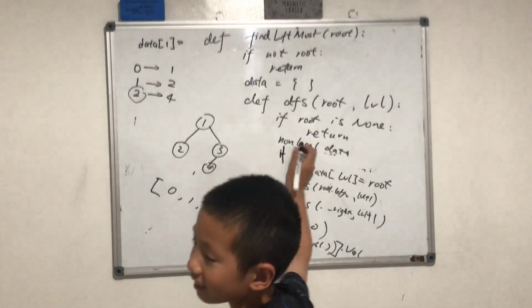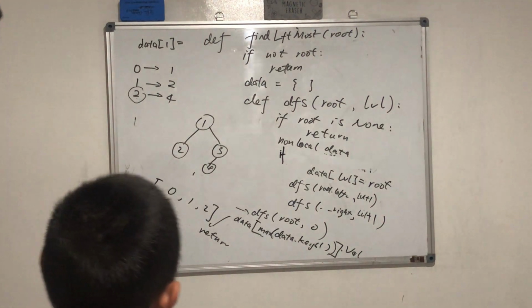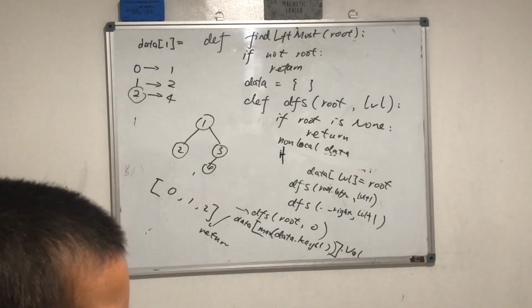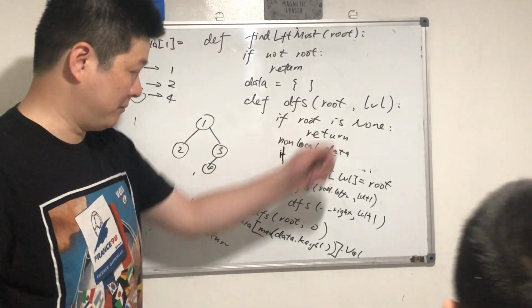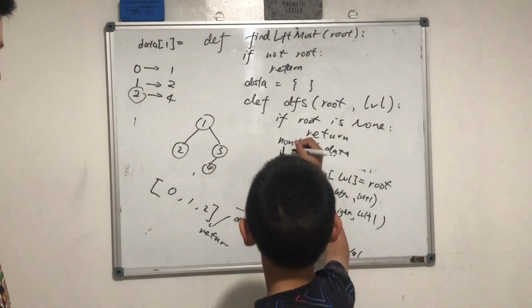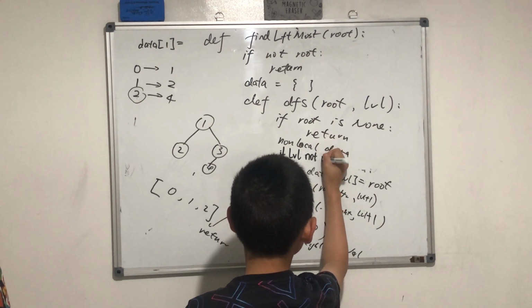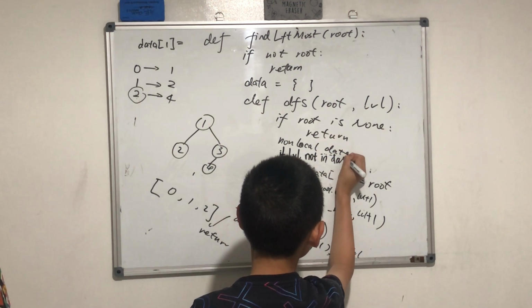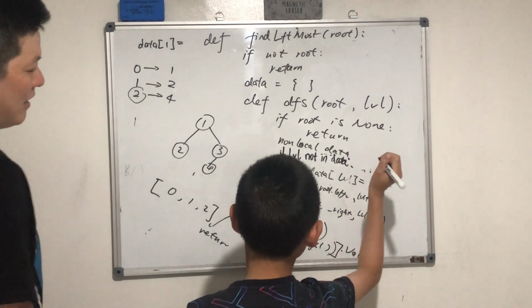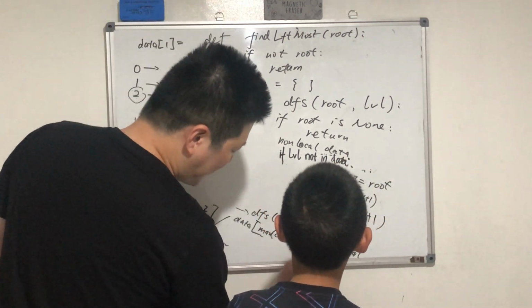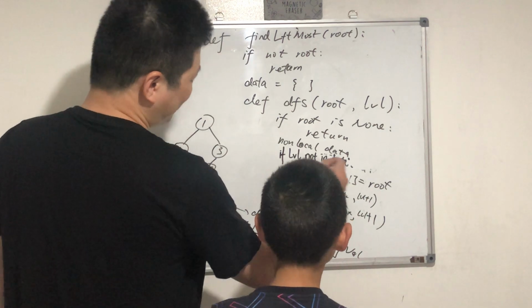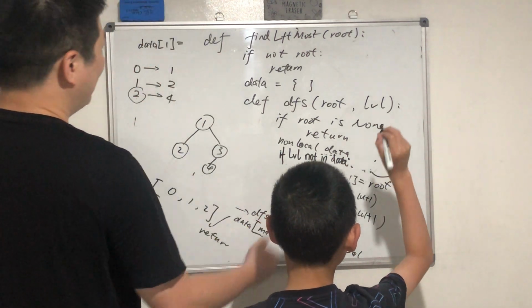The current level is not in the data, right? It's not the current level, which is what? The level. Level, yeah. Not in data. Okay, that's it. I knew it. So data or data dot keys, it's both okay. You can just write data.